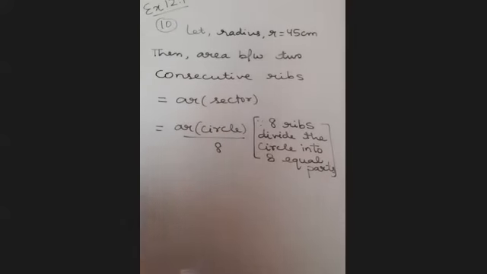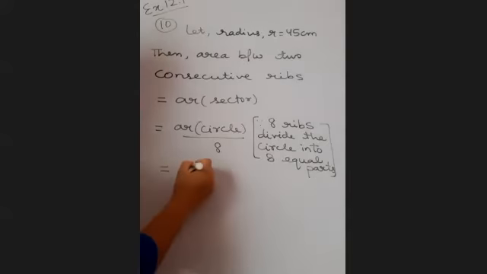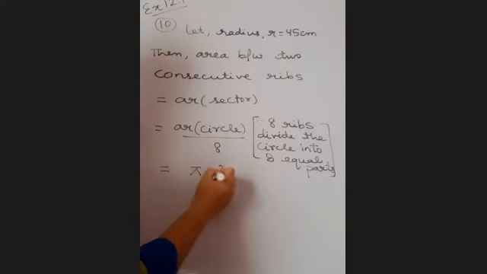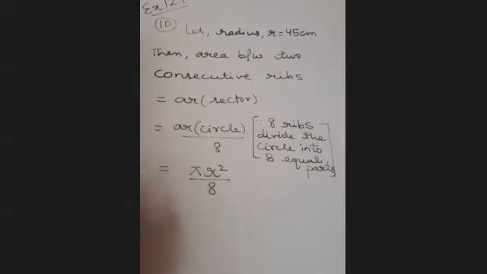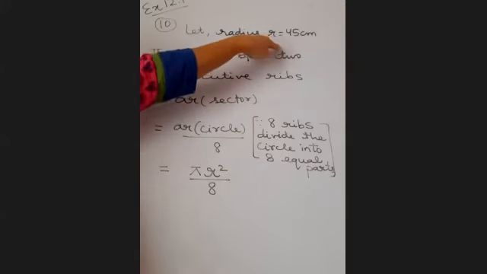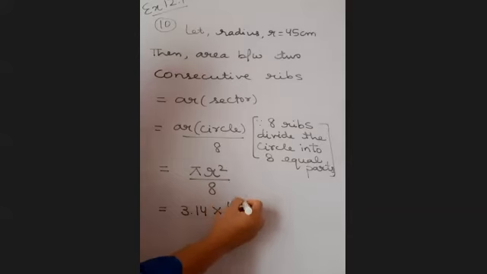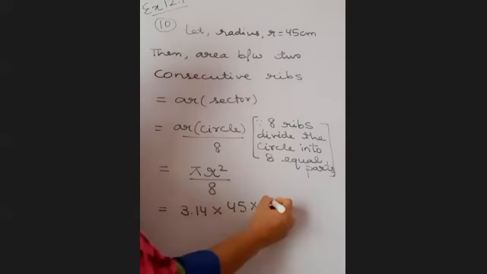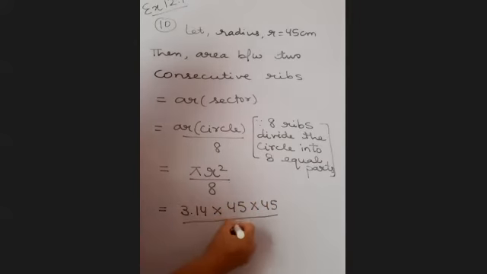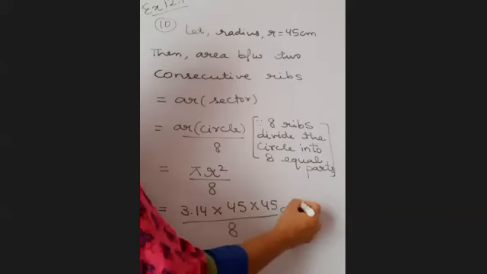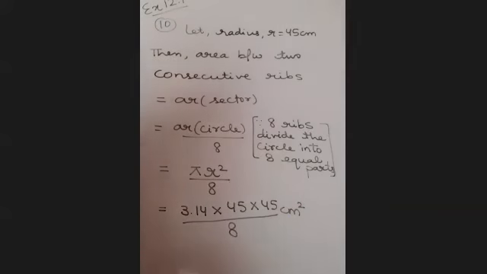Now, area of circle is pi r square. Beta, r is not a multiple of 7. So it will be better if we take pi as 3.14 into 45 into 45 divided by 8 centimeter square. Now my suggestion to you would be you divide this 45 by 8 completely.